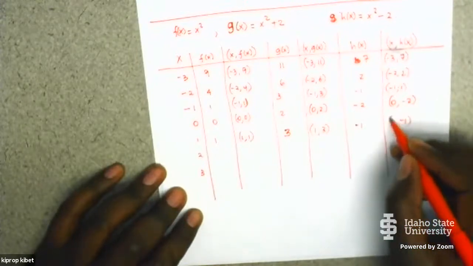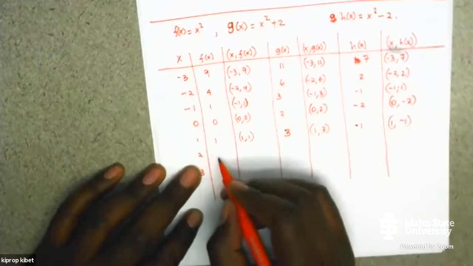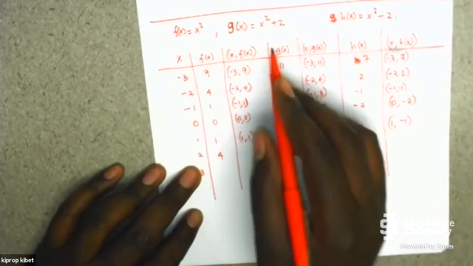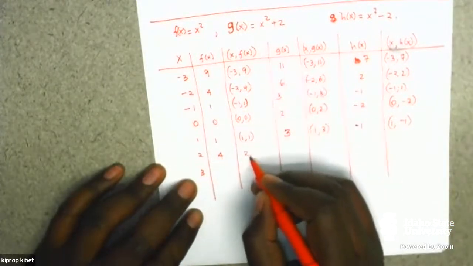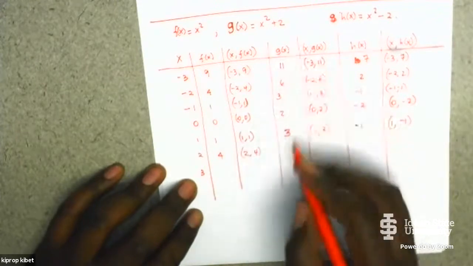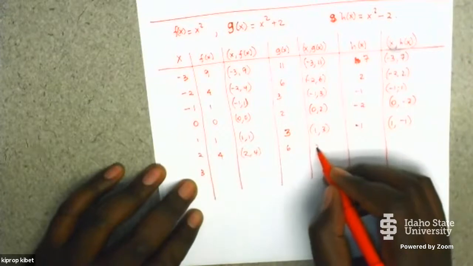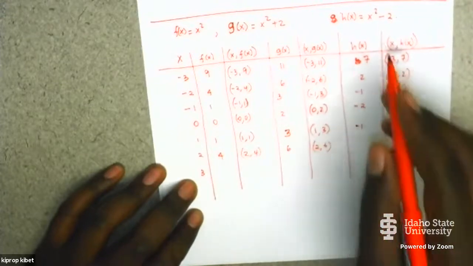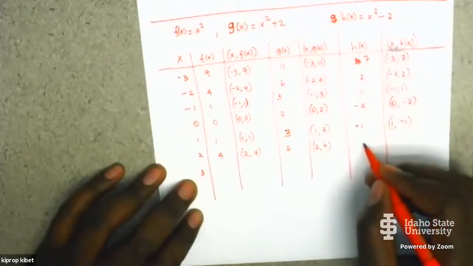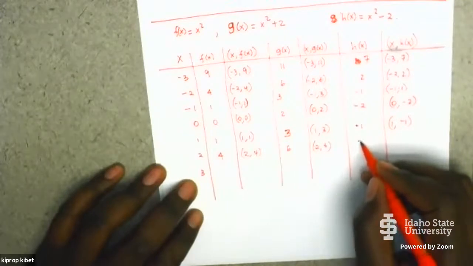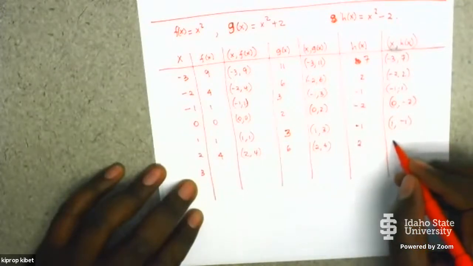The next one is 4, so 2 and 4. Then the next one is 6, so 2 and 6. The next one is 2, so 2 and 2.